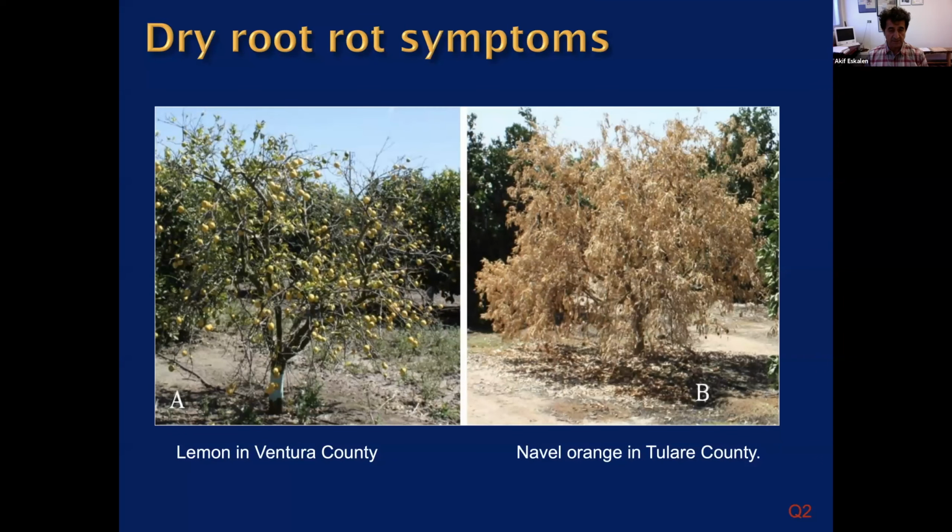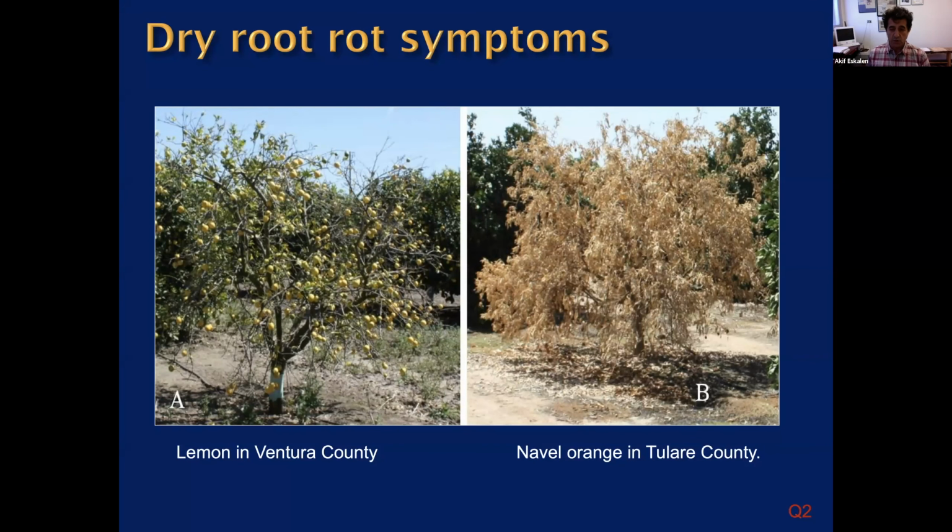I'm glad that a lot of people are attending from Southern California, where the climatic conditions could be a little bit different than the coastal area, and you can see these kinds of symptoms more often than in other places.